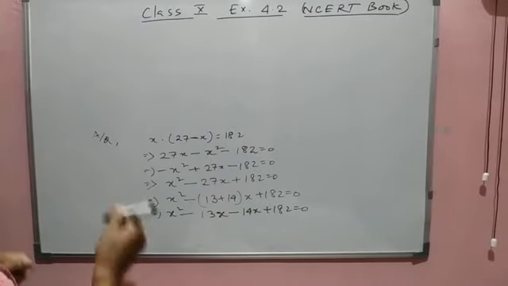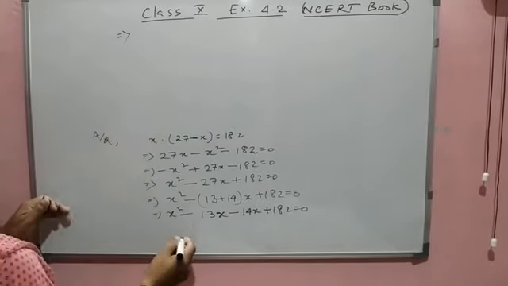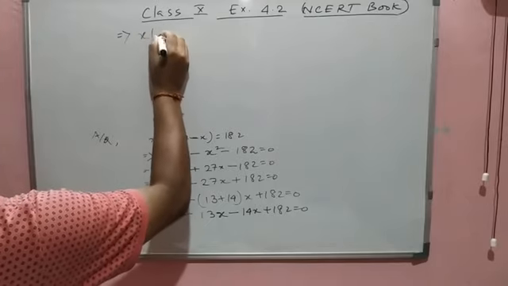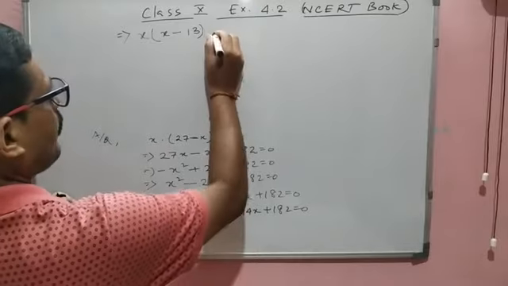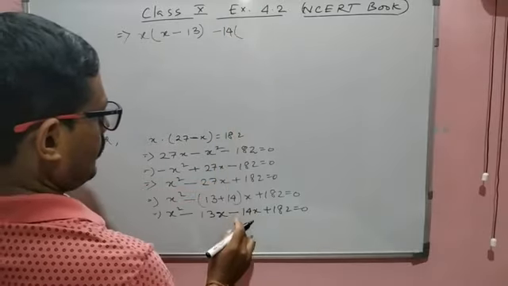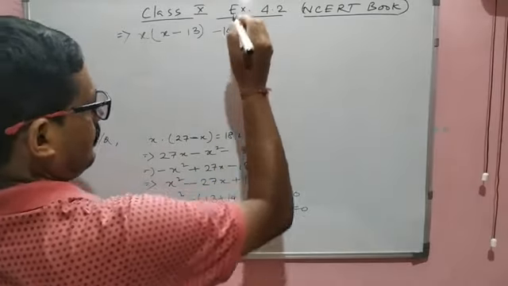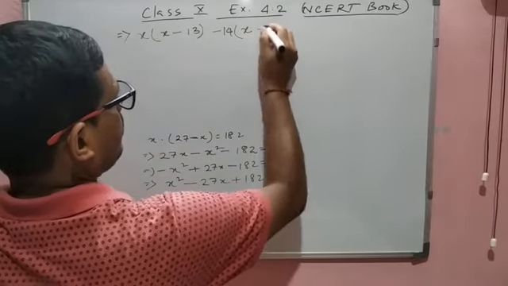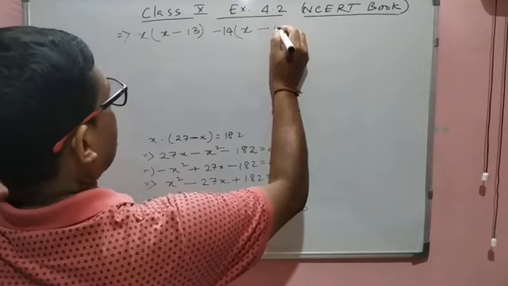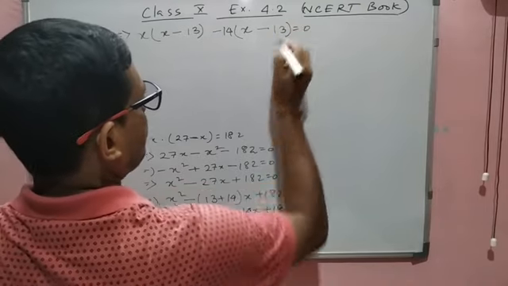This implies x common, so it will be x minus 13, and here minus 14 common, so it will be plus x, minus minus plus, definitely 13.